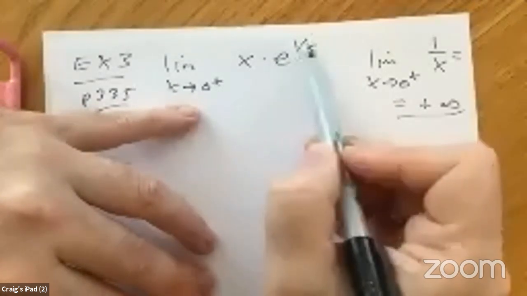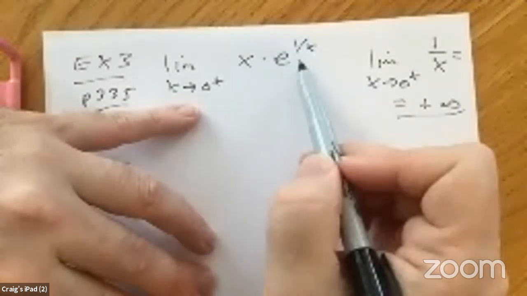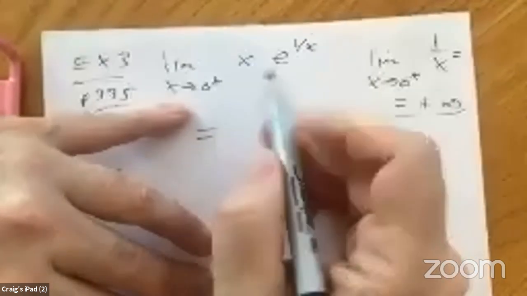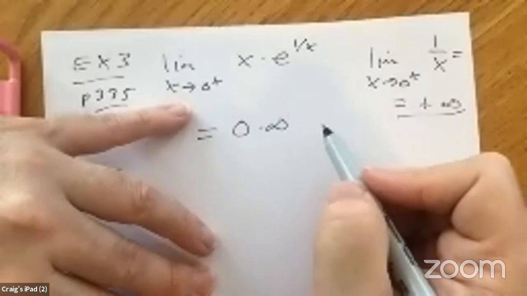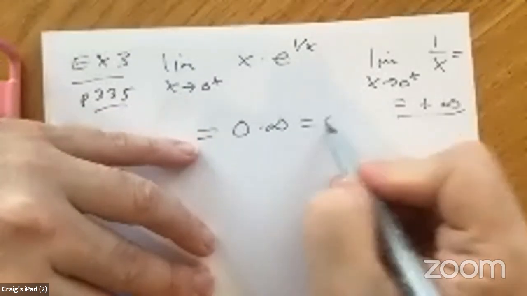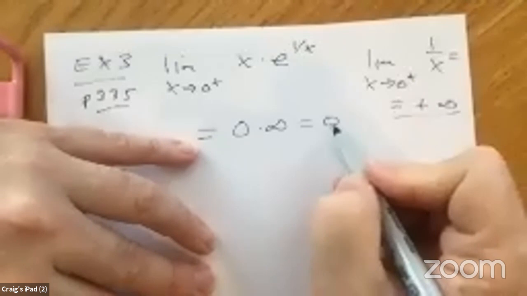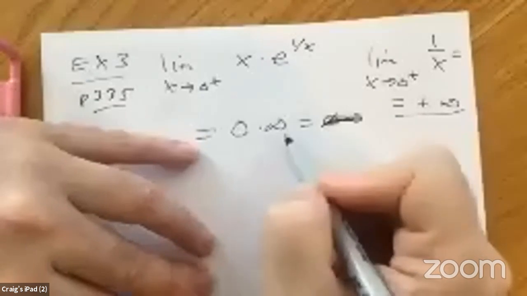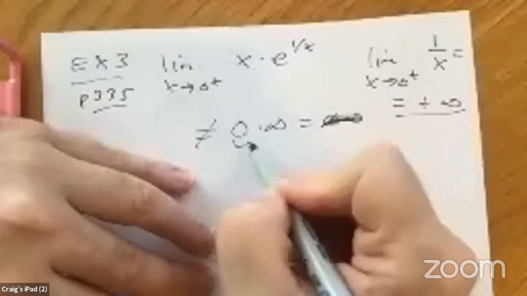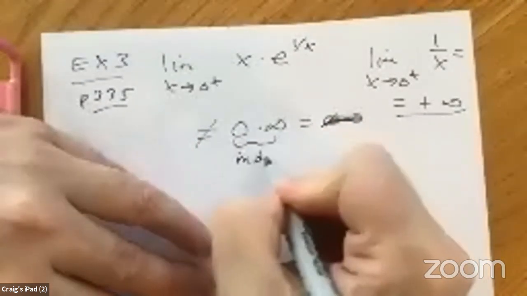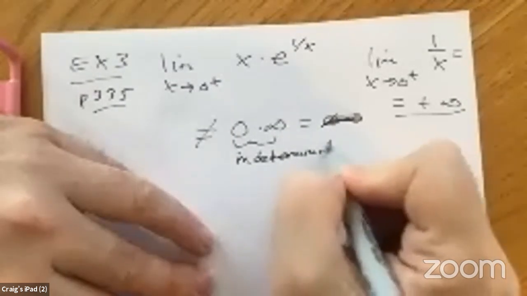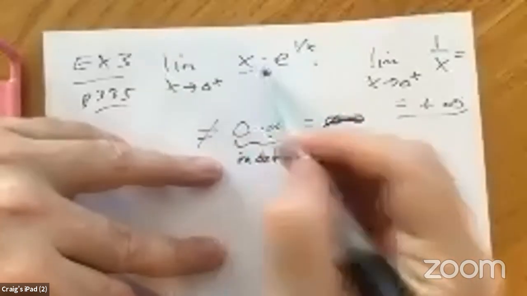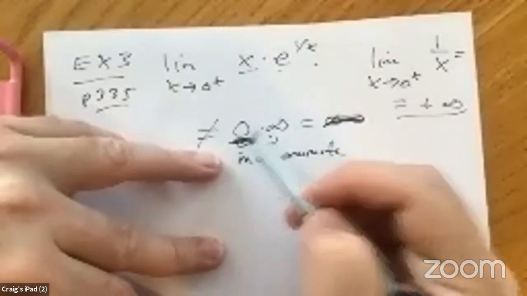So e to the positive infinity is still infinity. So this thing is going to be infinity, and then times x, which as x goes to 0 from the right goes to 0. Okay, and infinity times 0 is always equal to 0? Or no, maybe infinity? Well, no, the whole point is it's indeterminate. It's unknown. So we don't know what the solution is, even though I know this is getting infinitely large and this is getting infinitely small, approaching 0.